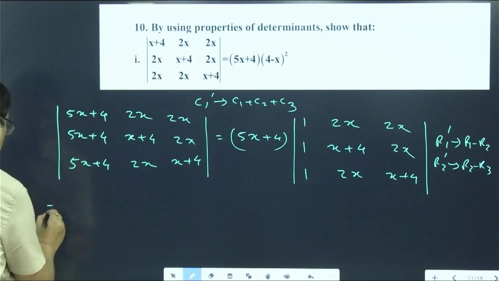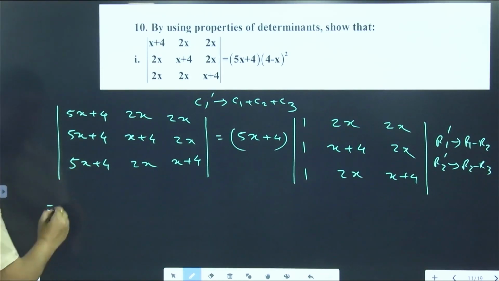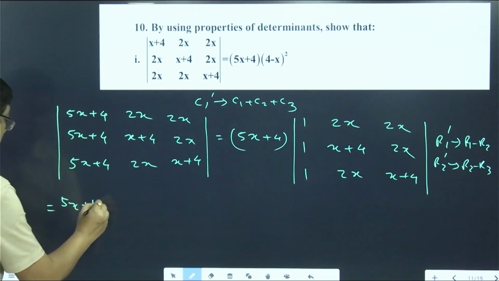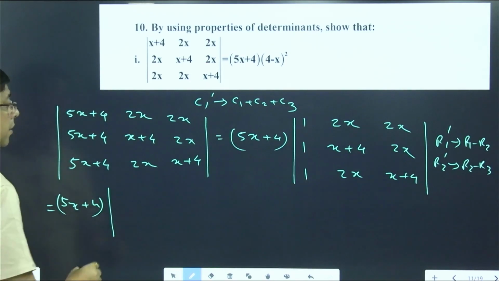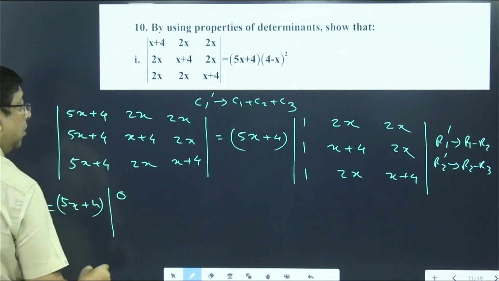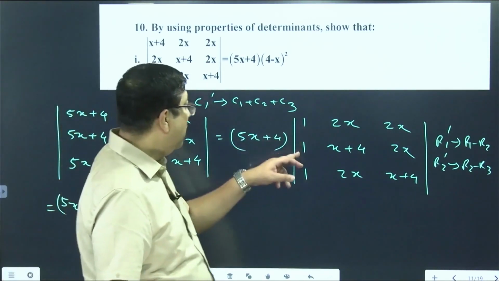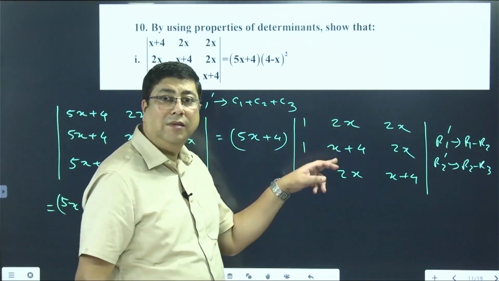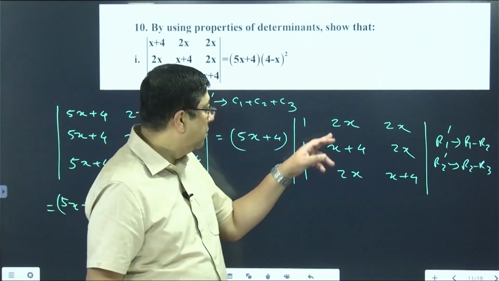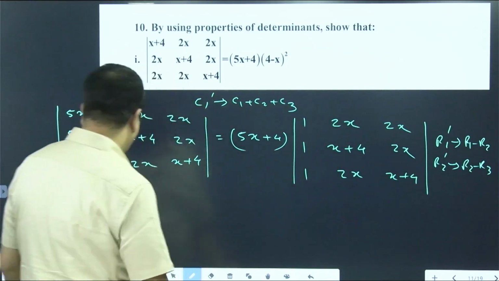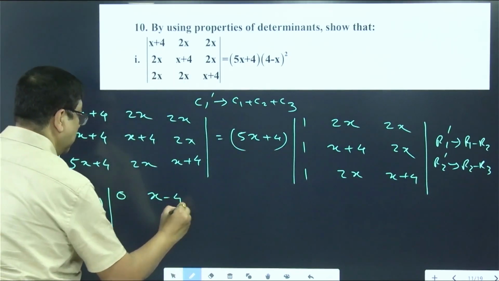So here we are putting 5x plus 4 common, and this is 1 minus 1, 0, 2x minus x minus 4, it means x minus 4, x minus 4.